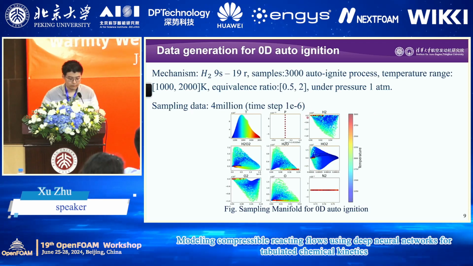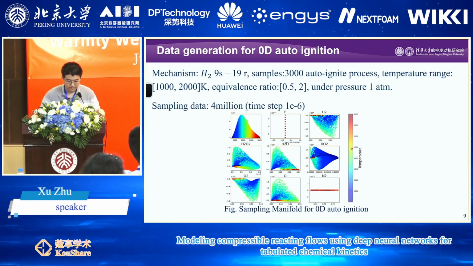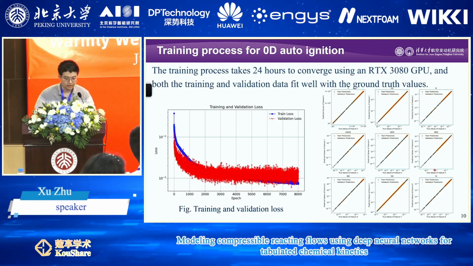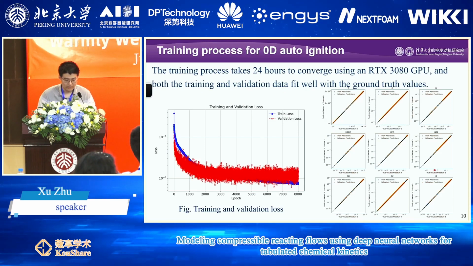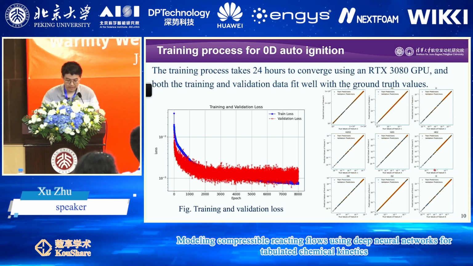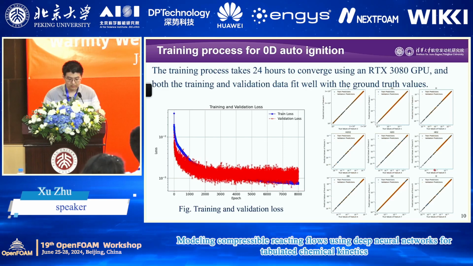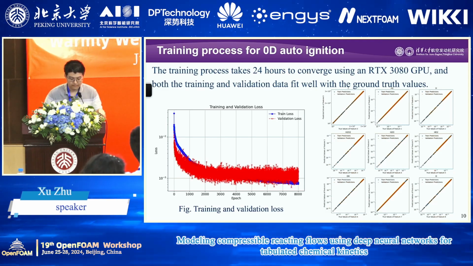We sample about 4 million data points in this study, and the manifold is shown in this figure. Then we train the data. It takes about 24 hours using an RTX 3080 GPU, and both the training and validation data fit well with the ground truth values, as shown in the right figure.